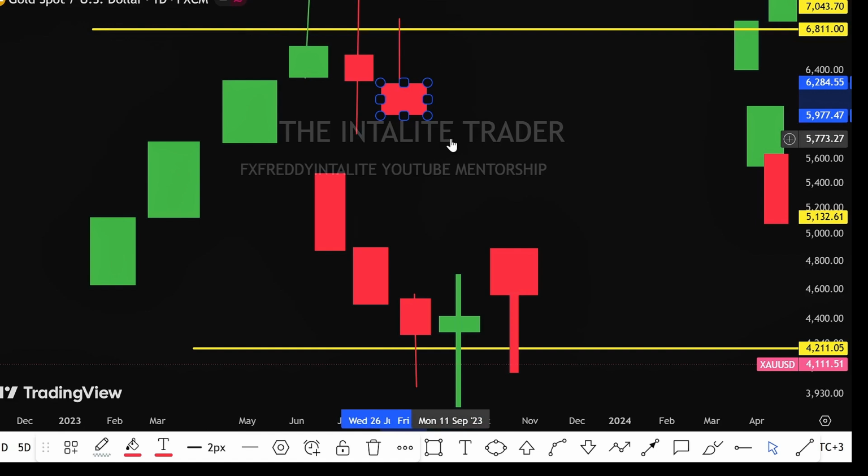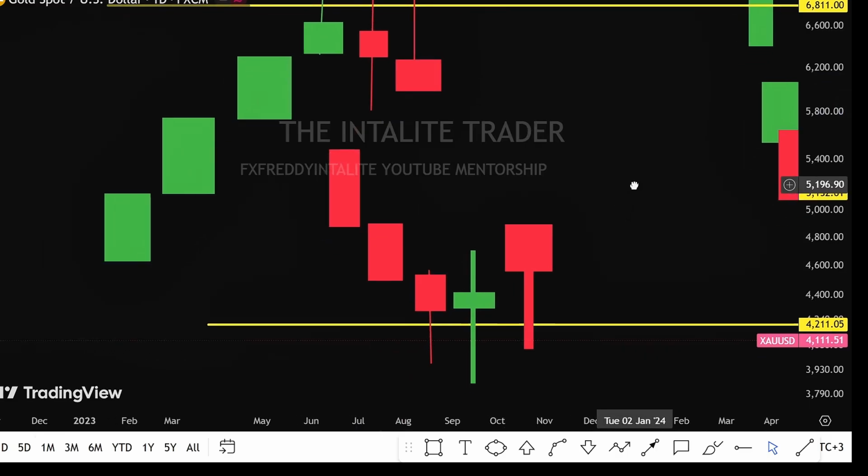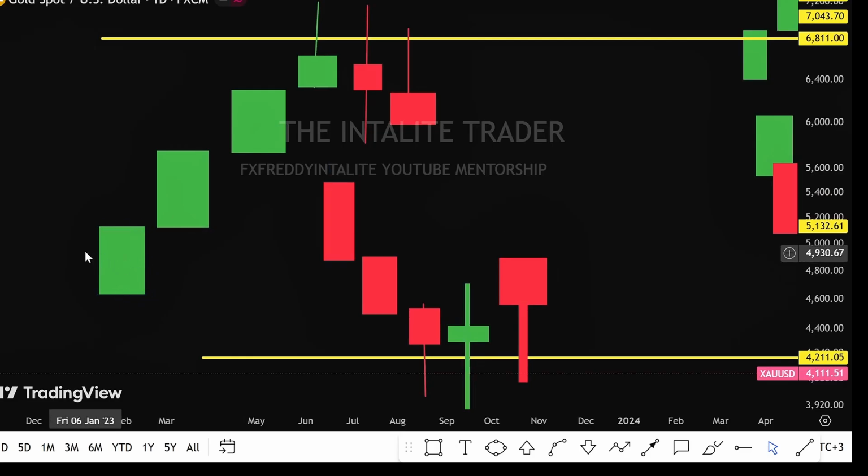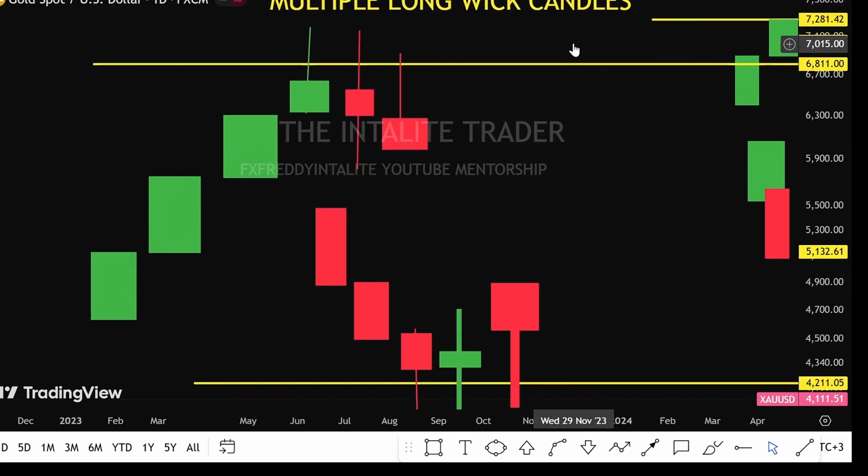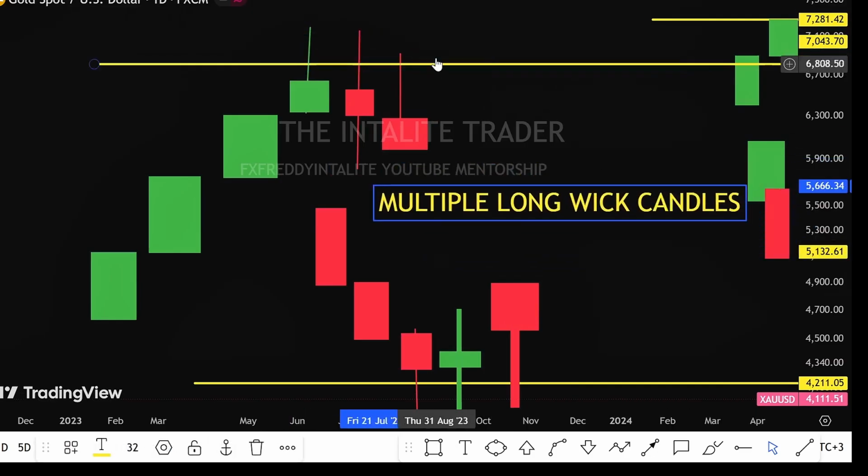So you will always have such patterns form, and if you can understand the price action psychology of why they have formed, you have no problem with trading. Price is in an uptrend. You then have multiple long wick candles form at this level.